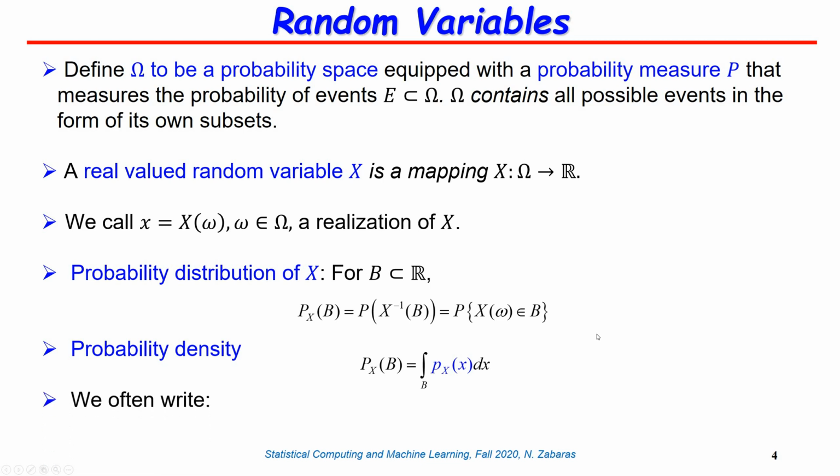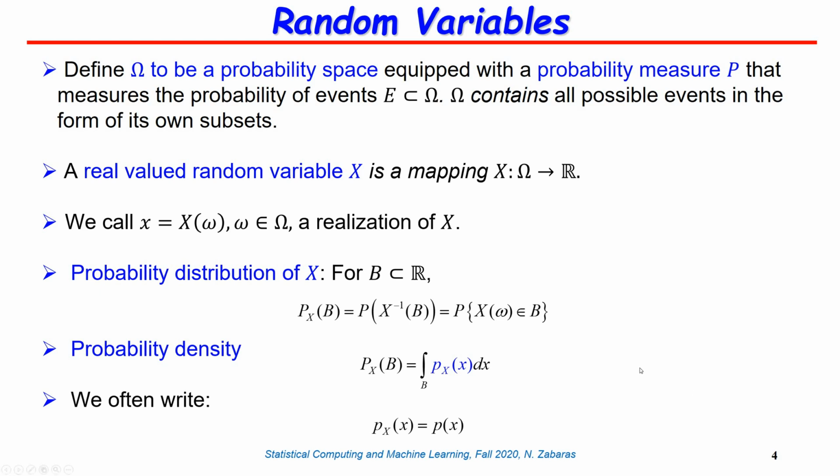You'll notice the notation here is a little bit heavy: I put little x to indicate realizations and capital X to indicate the random variable, but if the context of what you're writing down is clear, you can omit the capital X and just write p of x, and that's usually what you will see in my lectures as well as in textbooks.